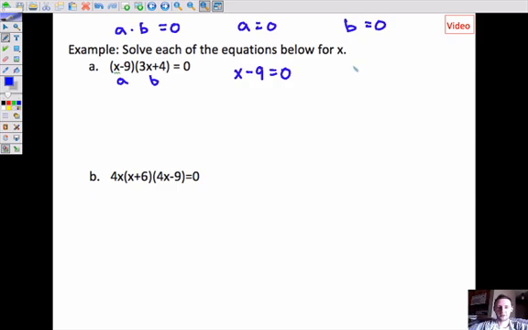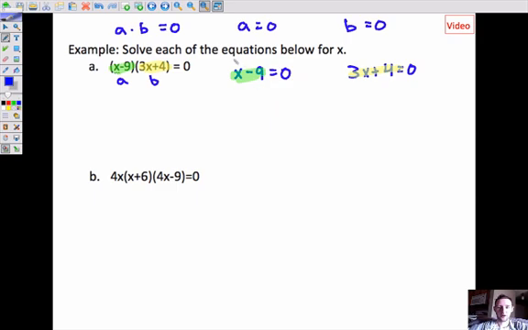Part 2 is if 3x plus 4 equals 0. So again, just kind of breaking it down. We've got our two parts, a and b. Here's b. Here's a. And one of them has to be 0.